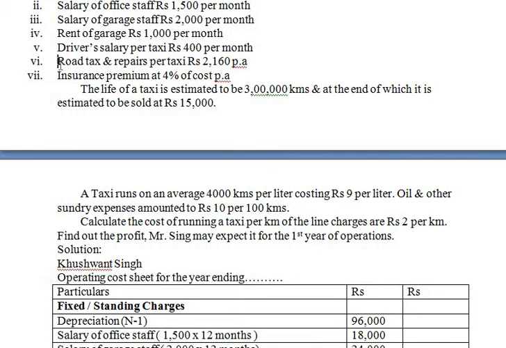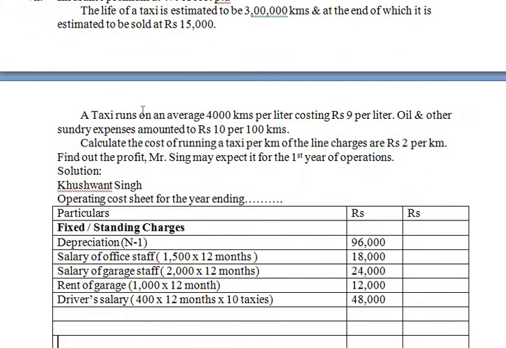Road tax and repairs together they have given. So we will take it under the first point itself, because road tax will be fixed. Road tax per taxi rupees 2,160 per annum. 2,160 into 10 taxis, 21,600.